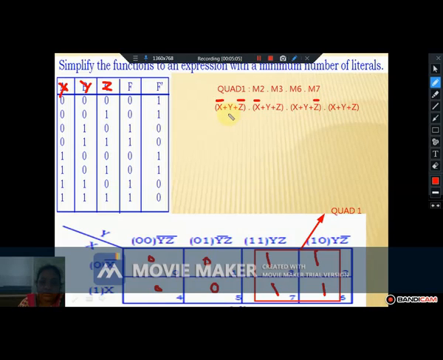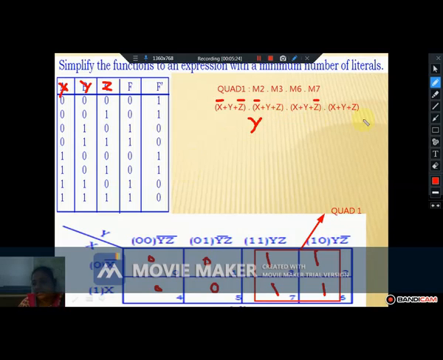Now let us see the common terms. X bar, x, not common. Y, y, y, y. So y is common. Z bar, z. Z is also not common.